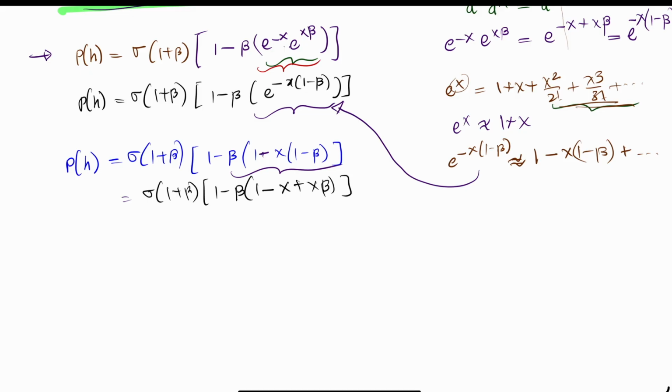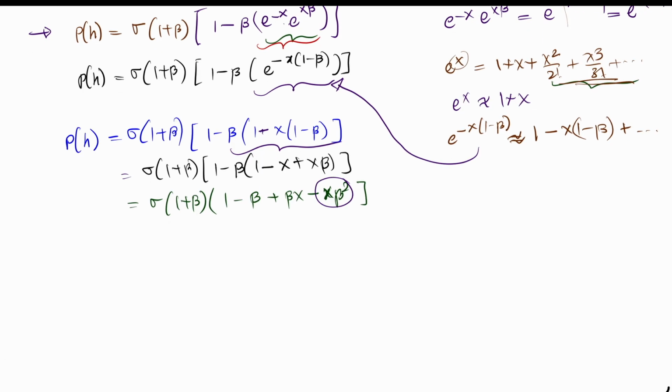Then again I get sigma 1 plus beta 1 minus beta plus beta x minus x beta squared, correct? And again I am going to ignore this term because it is a higher order term, and write this as sigma 1 plus beta 1 minus beta plus beta x.